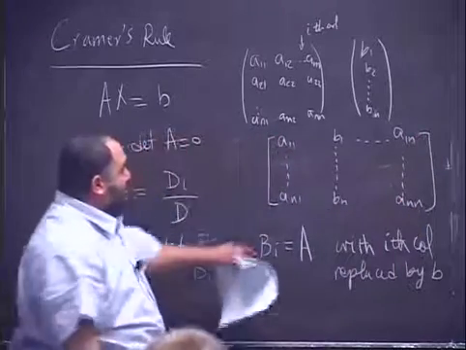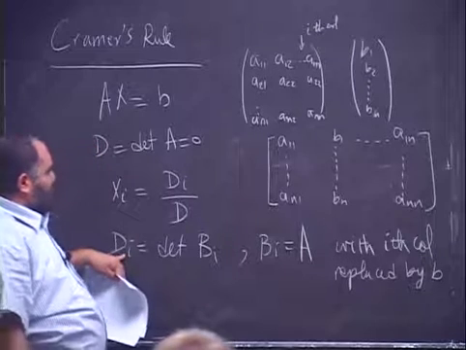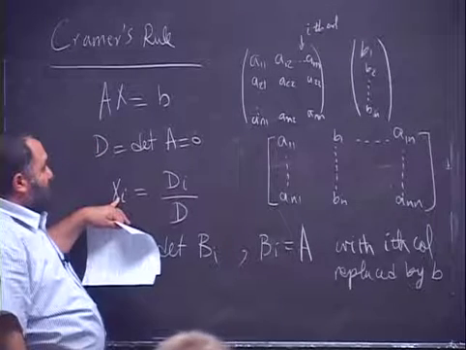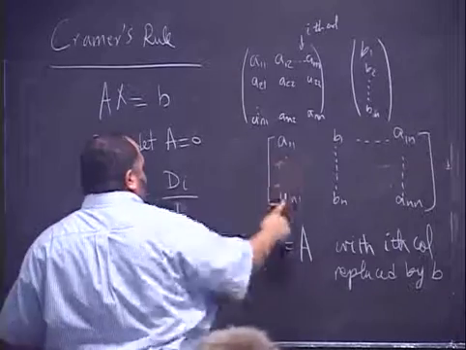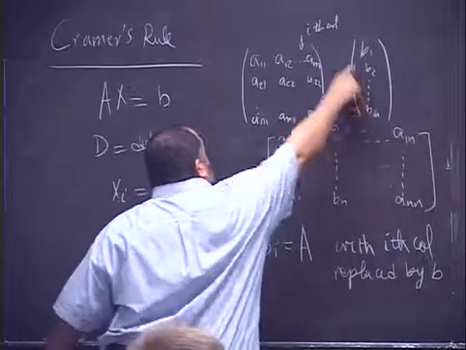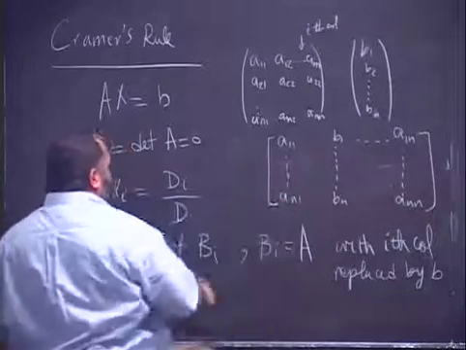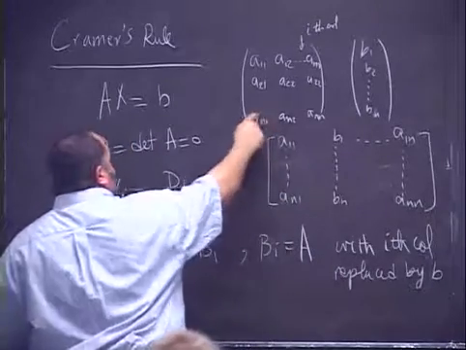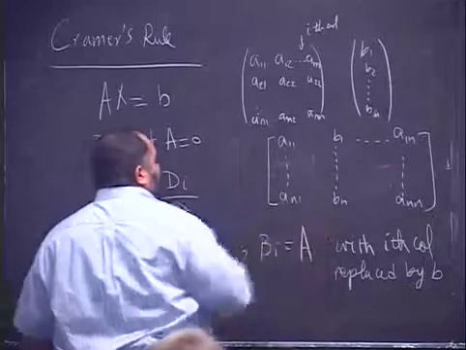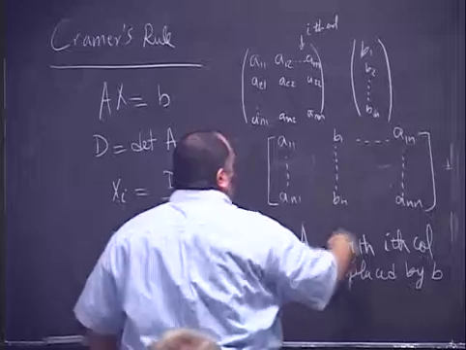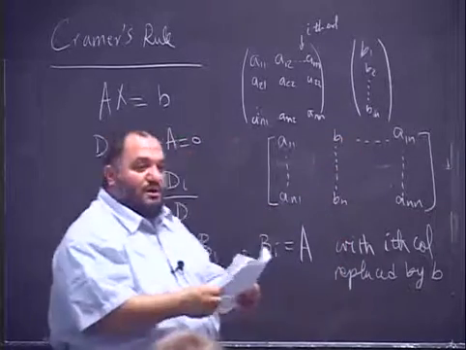So you will just replace the ith column. If you need to get the value of x1, it will be the first column replaced by the b's, so it will be b1, b2 up to bn, divided by the determinant of the original matrix A. If you want x2, it will be the second column, x3, the third column, xi, the ith column.